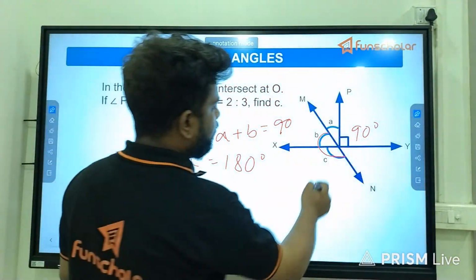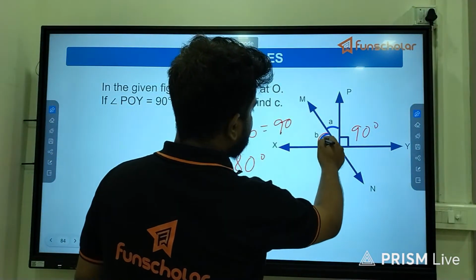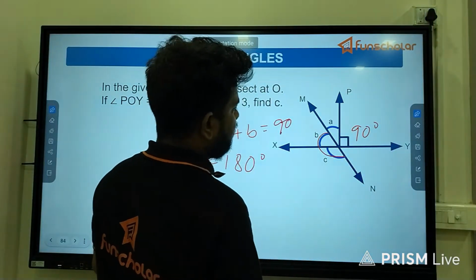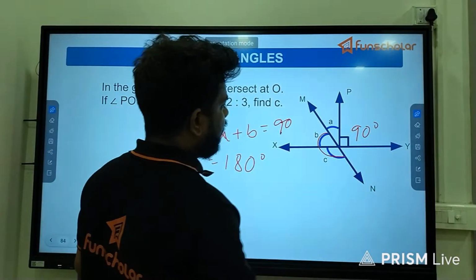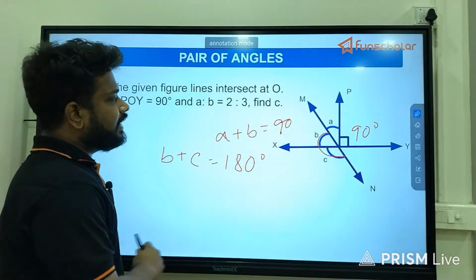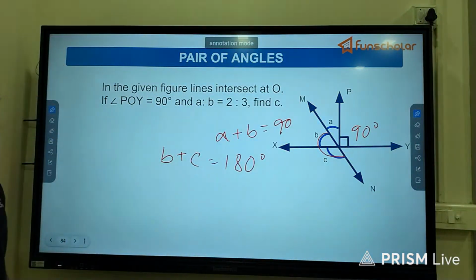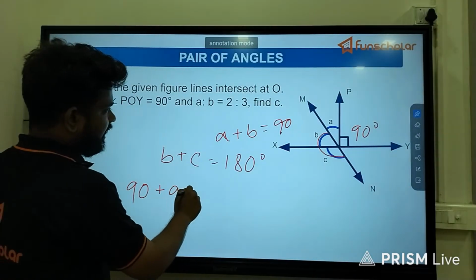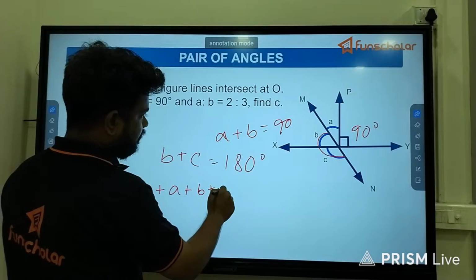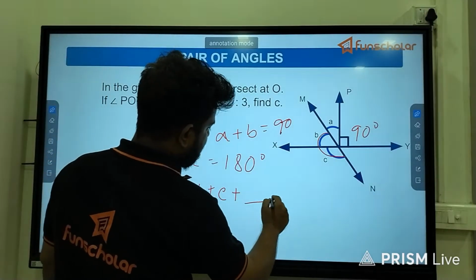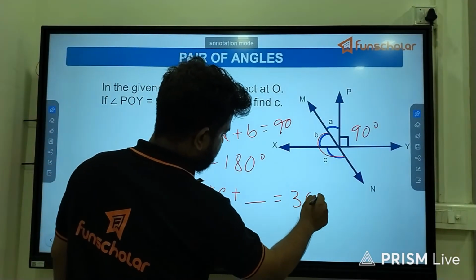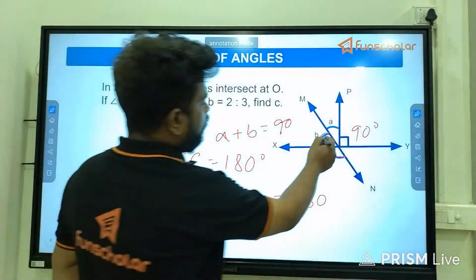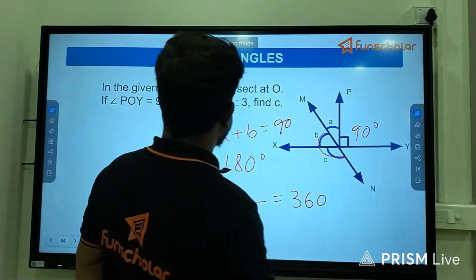If this is 180 degrees and this is already 90 degrees, we just have to find this one. So 90 plus A plus B plus C plus something is equal to 360 degrees.